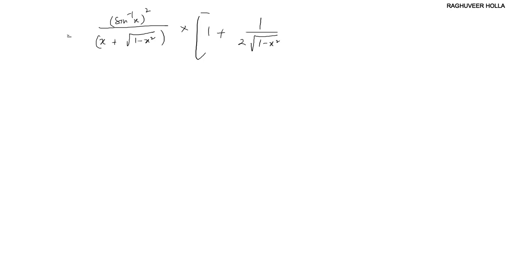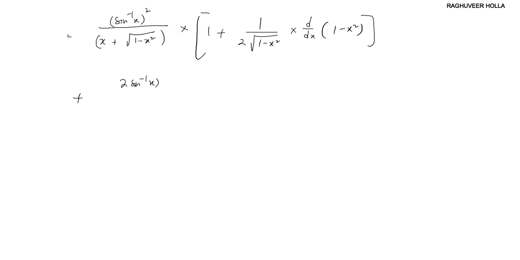Yeah, further this will be (sine inverse x) whole square divided by (x plus root 1 minus x square) multiplied (1 plus 1 by 2 root 1 minus x square) d by dx of (1 minus x square), right.